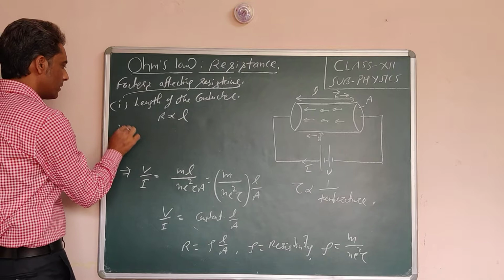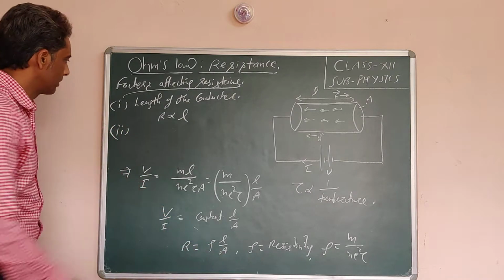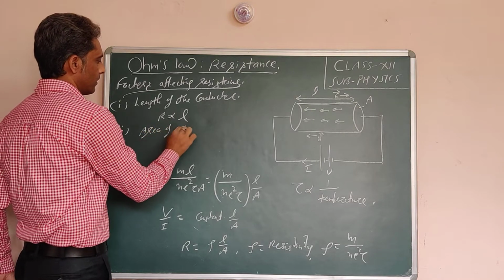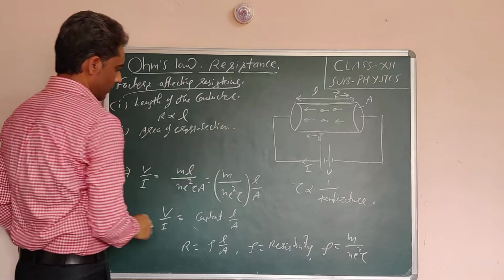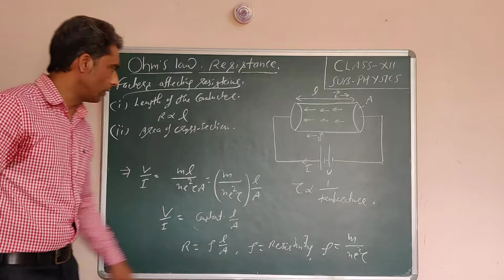Second is the area of cross section of the conductor, and resistance is inversely proportional to this area of cross section.